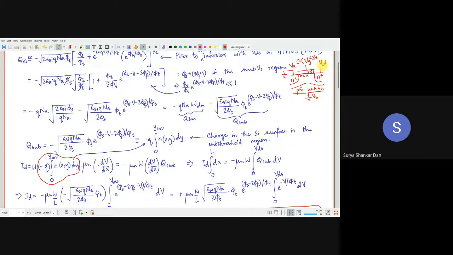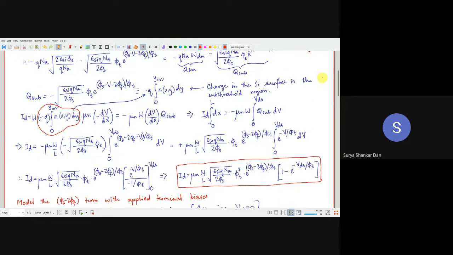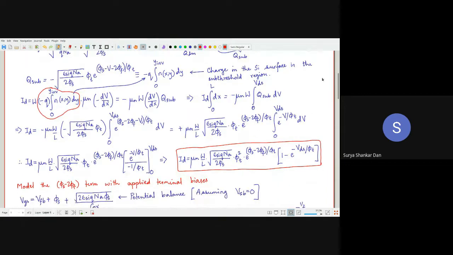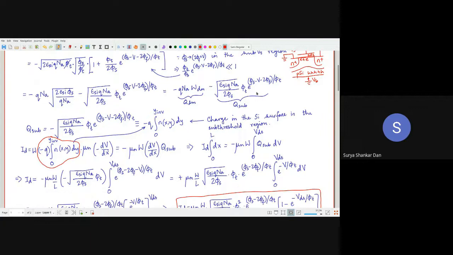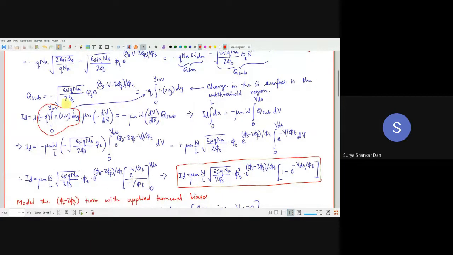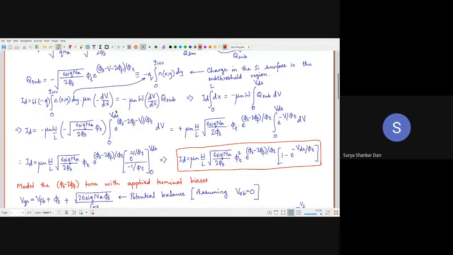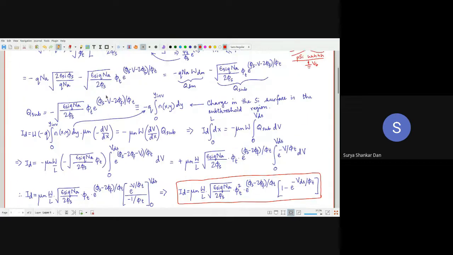Then whatever the charges here, which may be less than in strong inversion, these charges are going to flow to the drain side, obviously, because electrons are negatively charged and you have applied positive voltage at the drain. Particles that are negatively charged will move towards the positively charged terminals. Very simple. I have used that, and this is the electric field because of the VDS voltage.